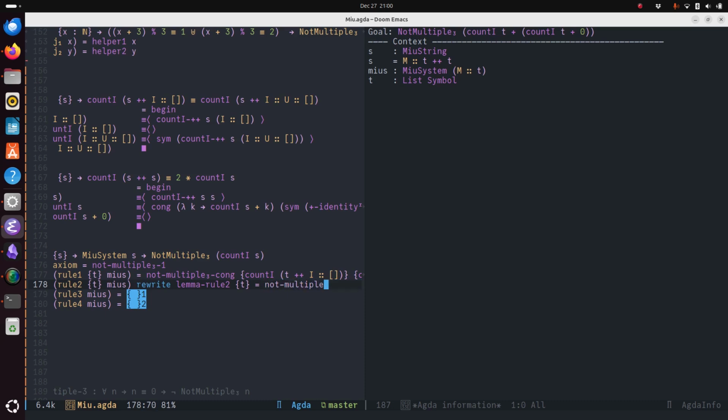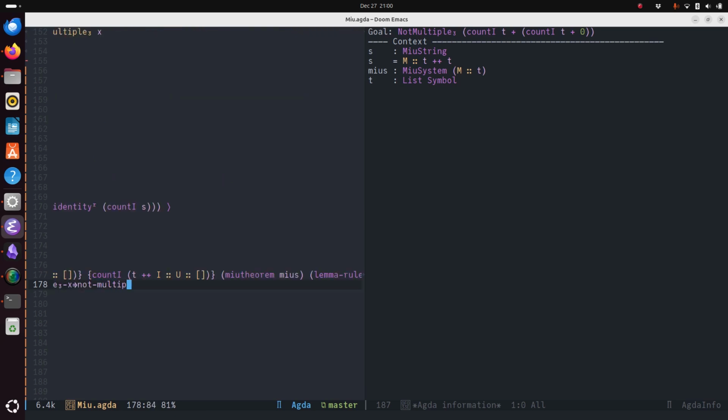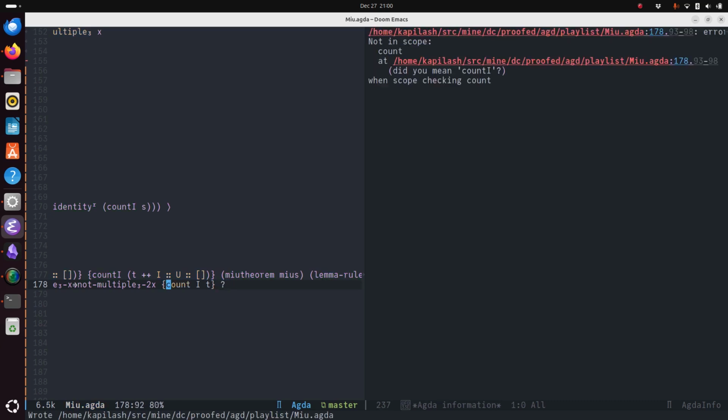Not multiple of 3 of x implies not multiple of 3 of 2x of t, counter of.